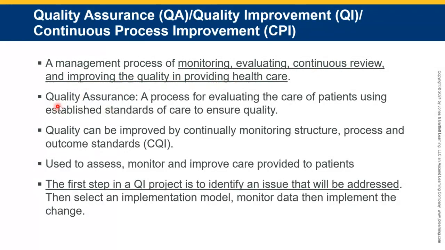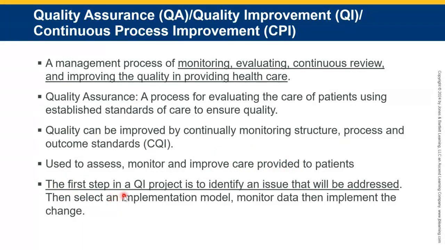Quality assurance is a process for evaluating the care of patients using established standards of care to ensure quality. Quality can be improved by continually monitoring structure, process, and outcome standards. So just continually monitoring them. Used to assess, monitor, and improve care that we provide to patients. And you know as well as I do, it's just an ongoing process.